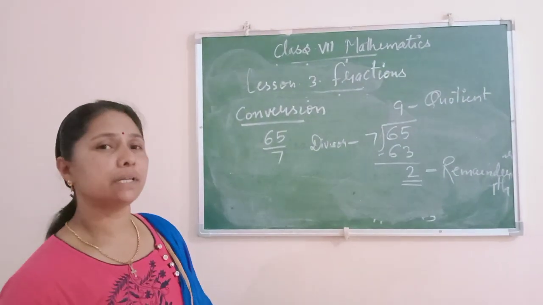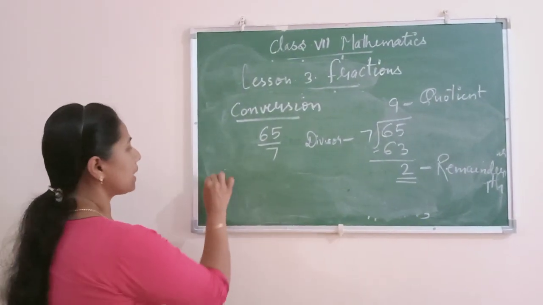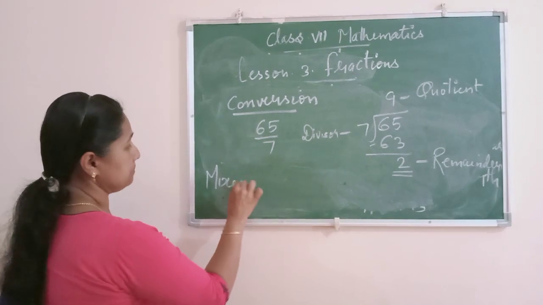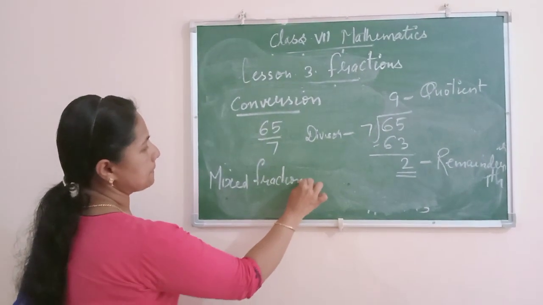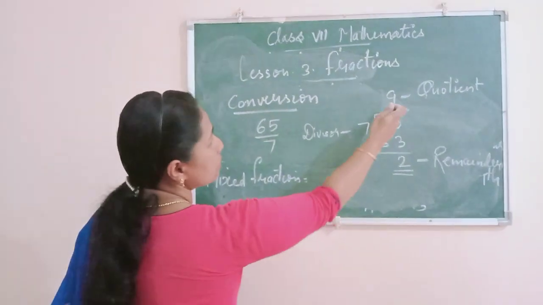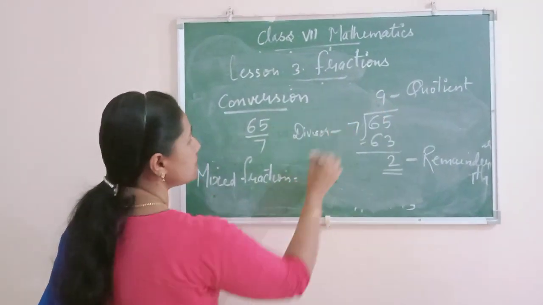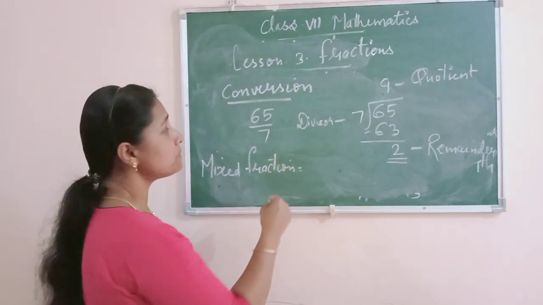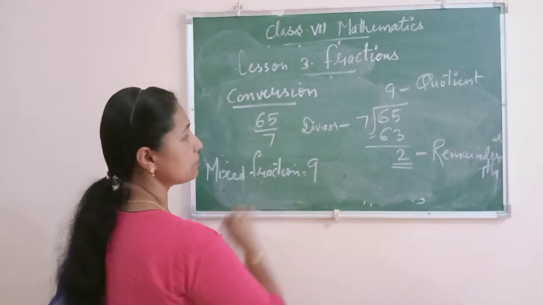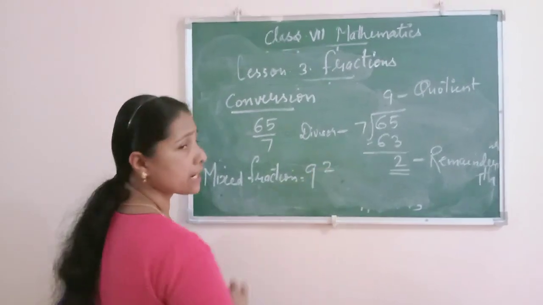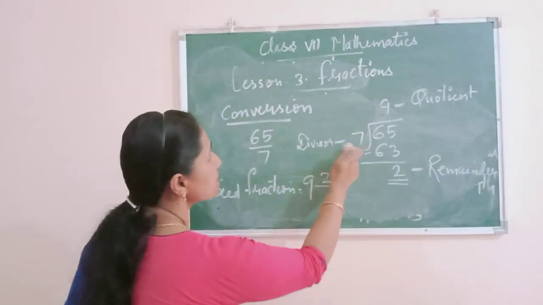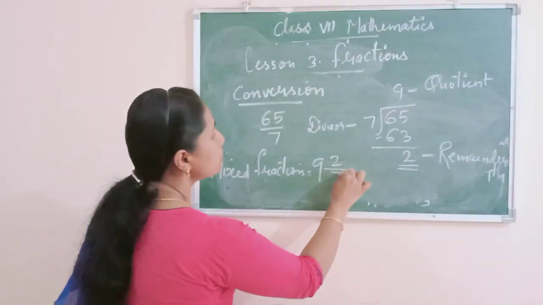After doing the division, you have to write the mixed fraction like this. The quotient you take as the integer or integral part of the mixed fraction. That is, 9 will come here, and the remainder you take as the numerator of the fraction, and the divisor 7 will be the denominator.